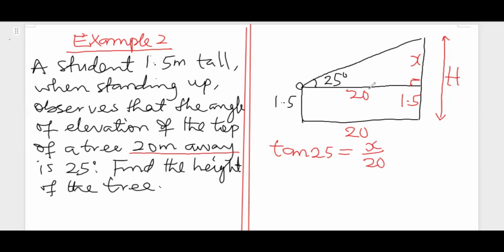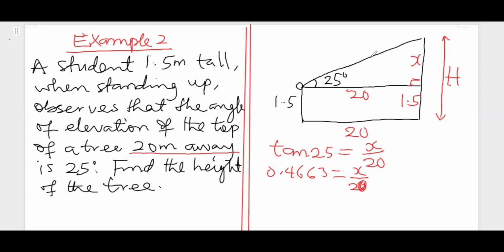And if you check for tan 25 degree, ensure that your calculator is in degrees always, 0.4663 equals x over 20, or use the tables.